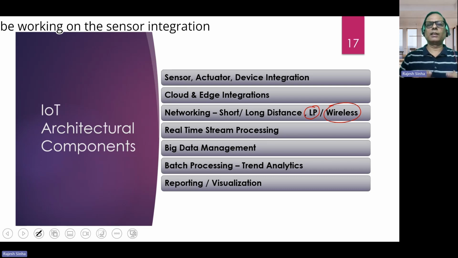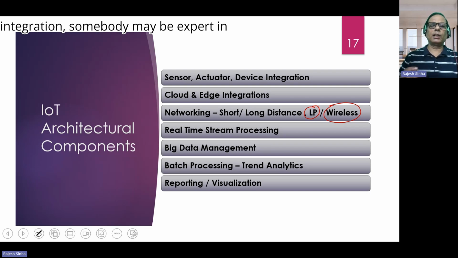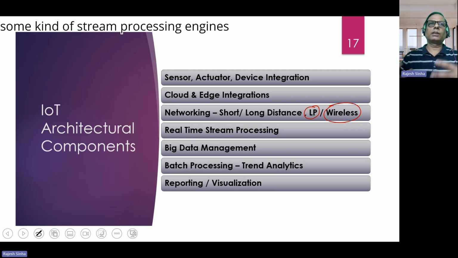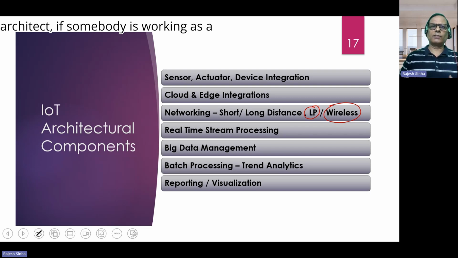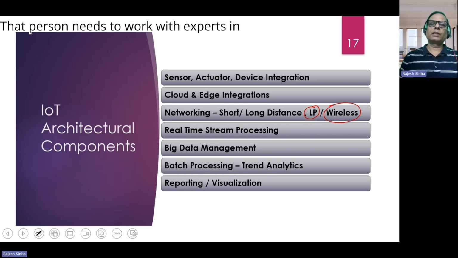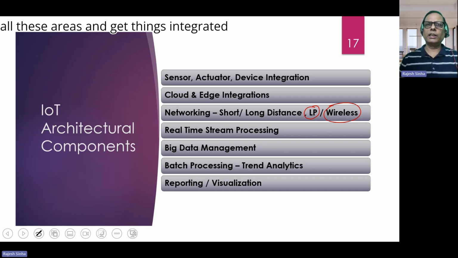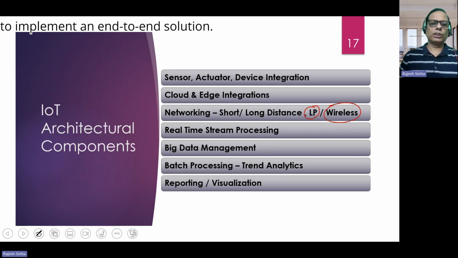Somebody may be an expert in the cloud platform, so he may be working on the cloud integration. Somebody may be an expert in stream processing engines like Kafka or Kinesis, and may be working only on that area. But if you look at a high level, if you are working as an enterprise architect, a delivery manager, a project manager or a program manager, that person needs to work with experts in all these areas and get things integrated to implement an end-to-end solution.